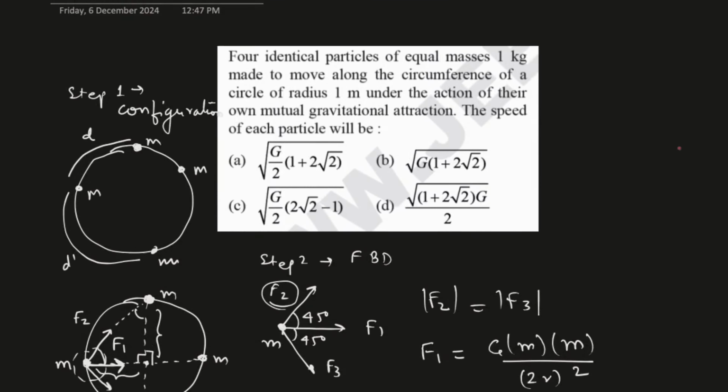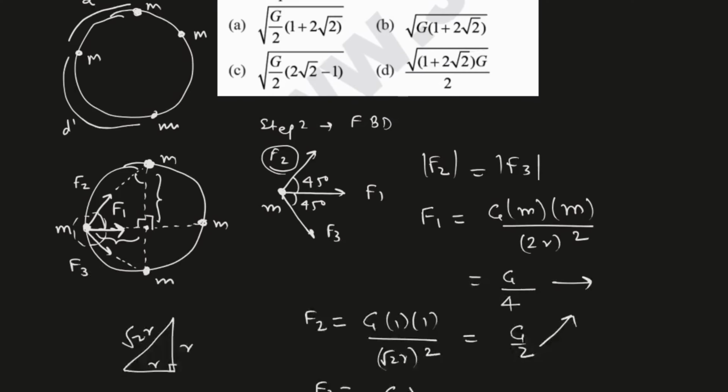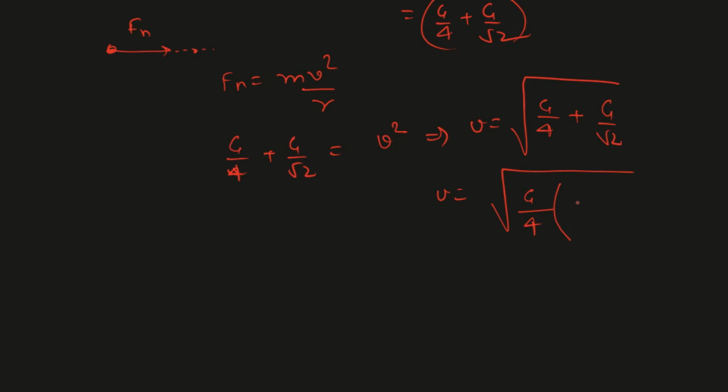Now if we look at the options, the options look simplified. So let's simplify this expression. So this becomes 1 plus 4 by root 2. If we take the root of this, we get 1 by 2 root of G. This is root 2 plus 4 over root 2.